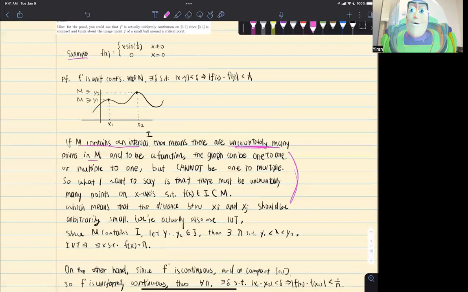If your function is many-to-one, then M contains an interval implies that the pre-image of that interval contains more points as well.